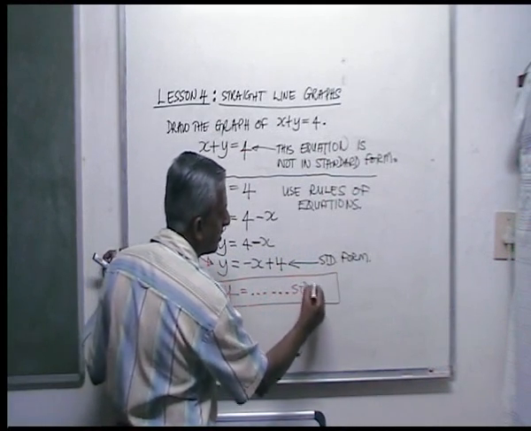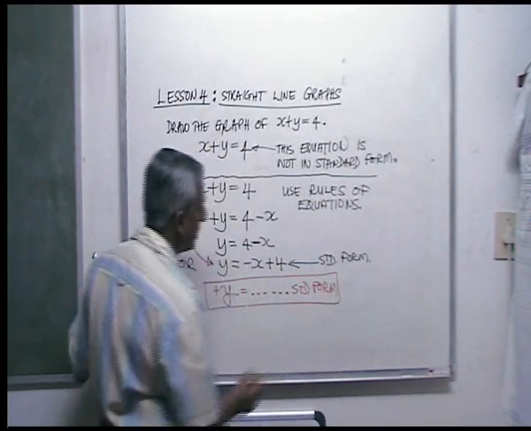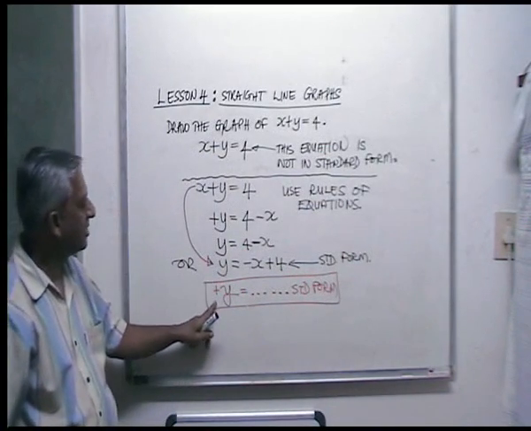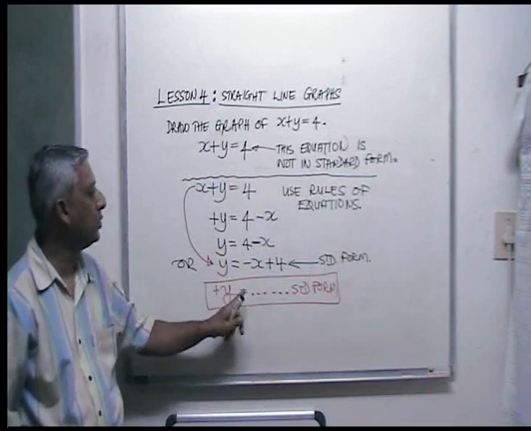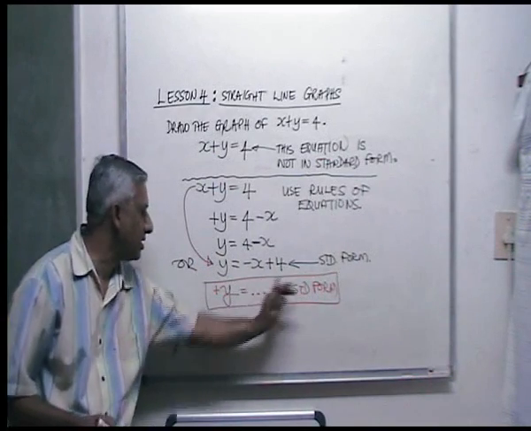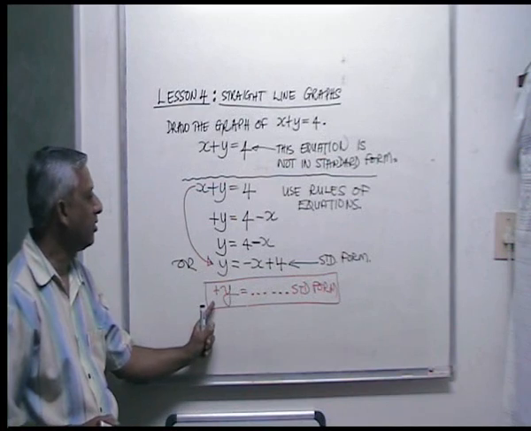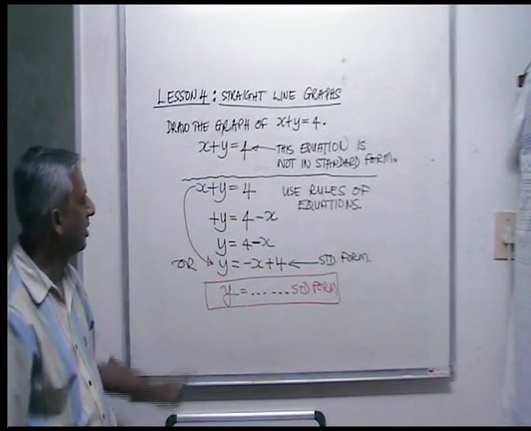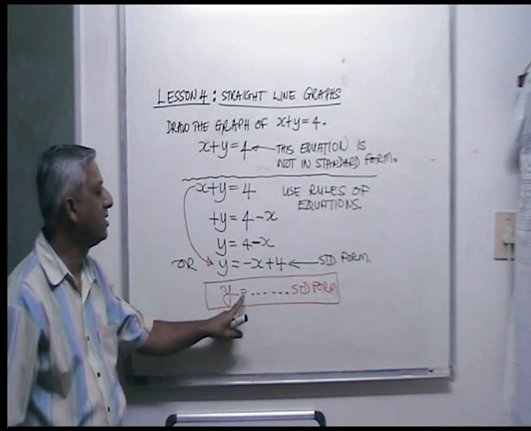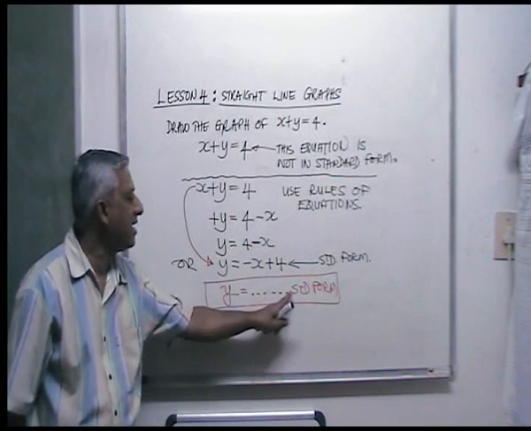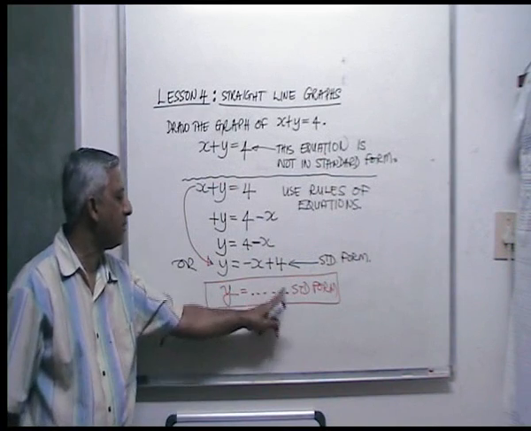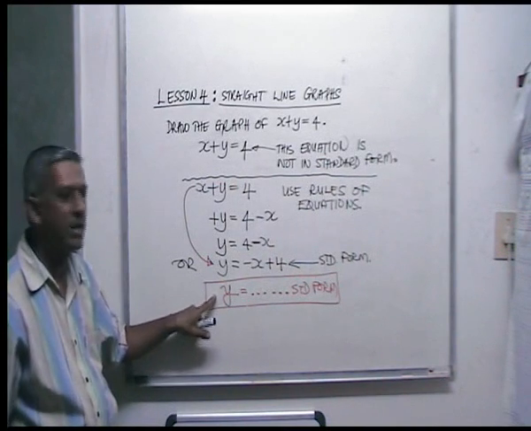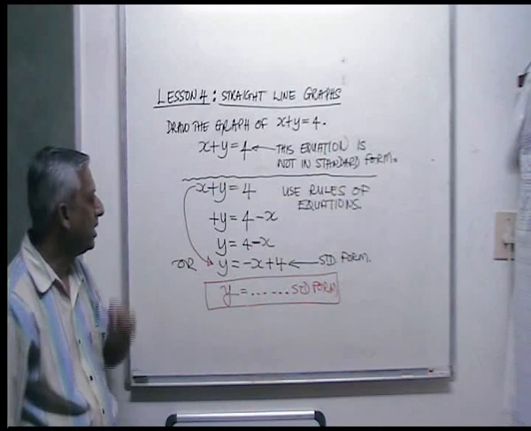That is what standard form is. On this side you can have anything, it doesn't matter. But on the other side you must end up with plus y. Well, that plus is understood, so therefore it means you must end up with y is equal to something. On that side you can have plus and minus signs, it doesn't matter. But on this side you must end up with plus y is equal to.